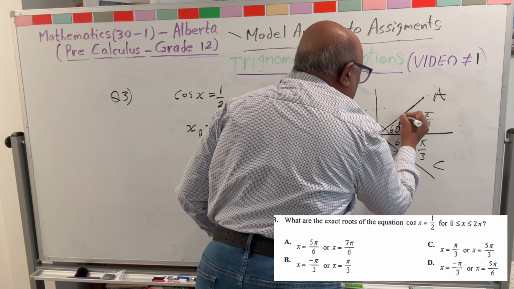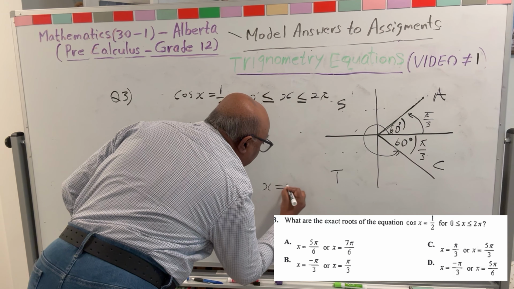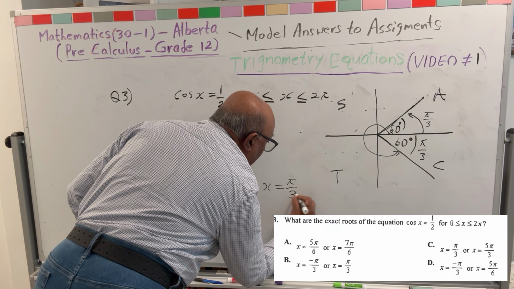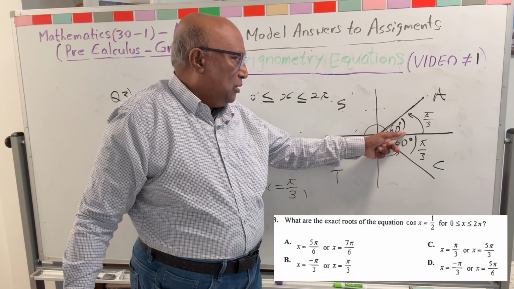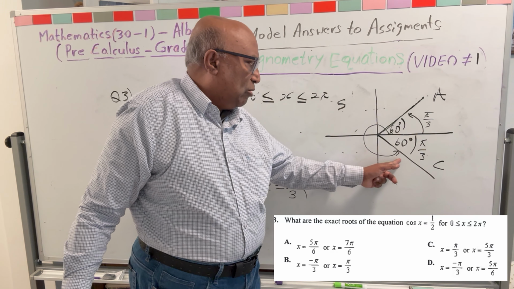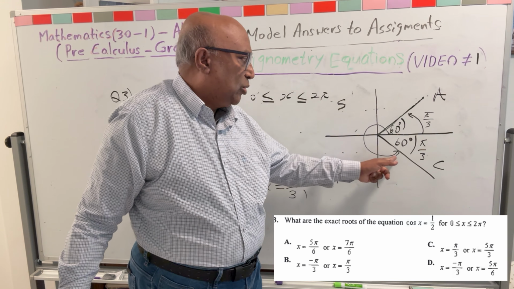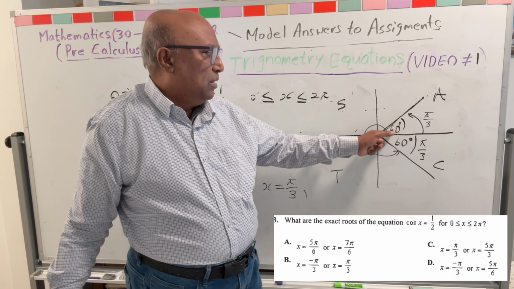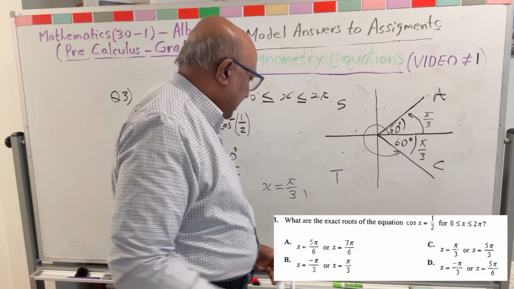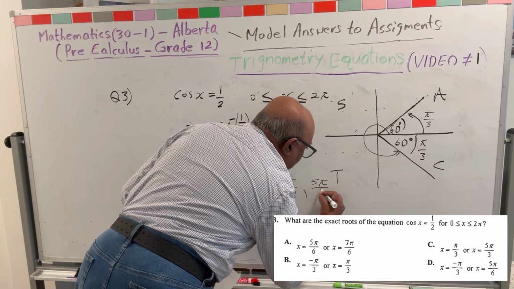Now this angle is right away x equal to pi by 3. For this angle, you have to count the total angle from the positive x-axis counterclockwise. 2 pi minus pi by 3, that is 5 pi by 3.